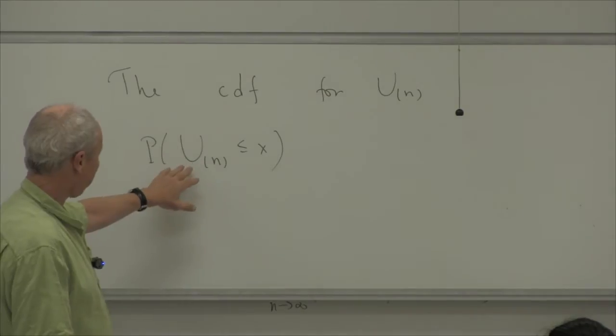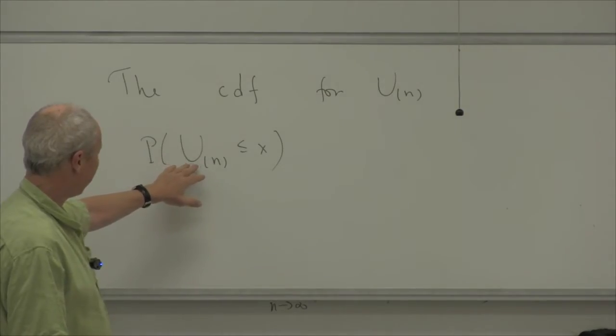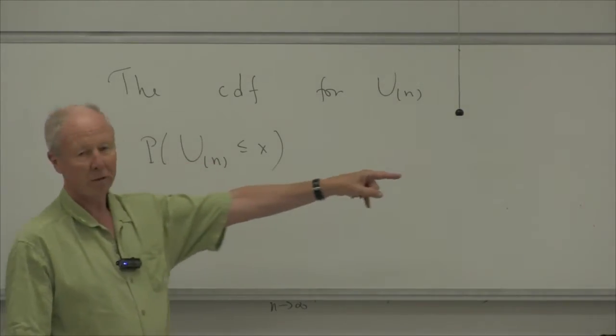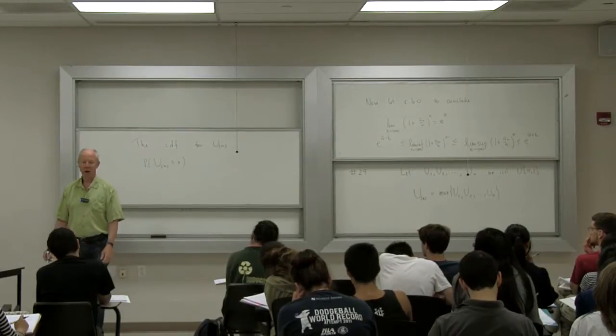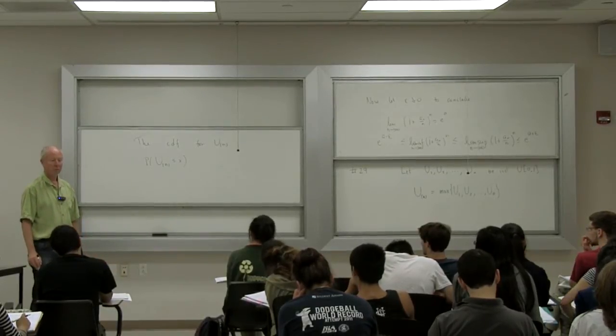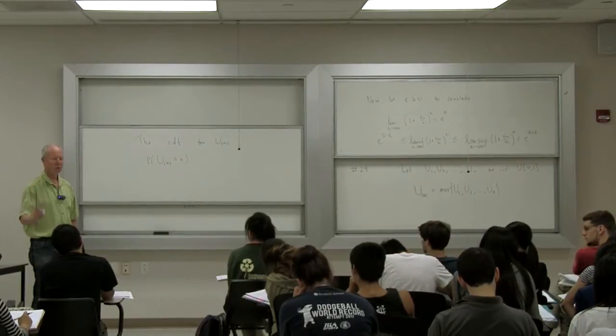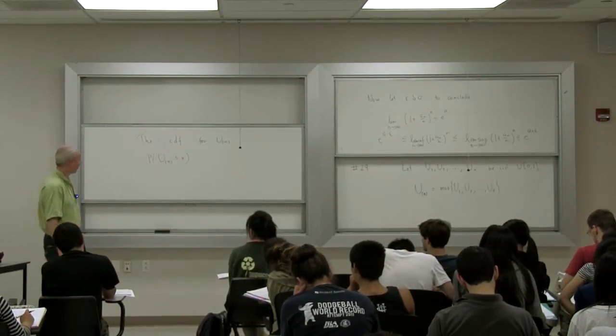And this says what? U(n) less than or equal to x. U(n) is the largest of all the observations. So if the largest is less than or equal to x, well, the largest is less than or equal to x if and only if all of them are less than or equal to x.